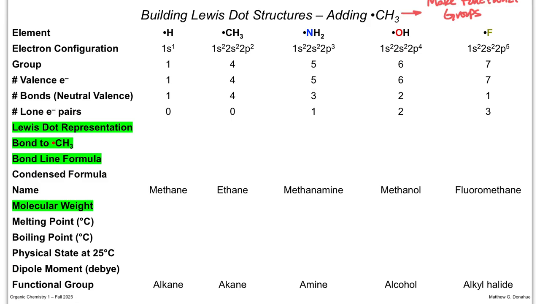So for the first one, methane, we kind of already made that. I'm just going to take hydrogen, I added the CH3, we made that. So of the methane we already made before, I'm just taking an H off.